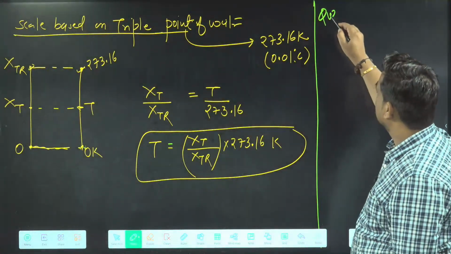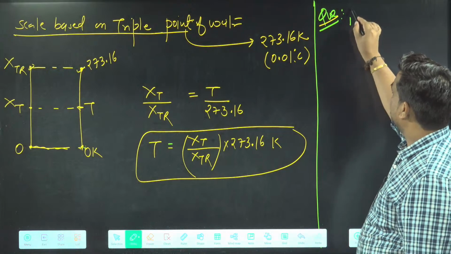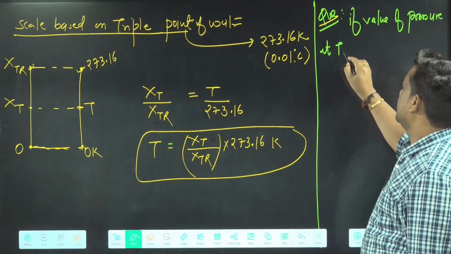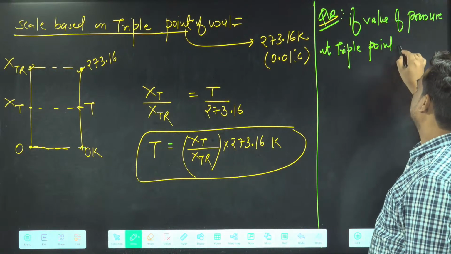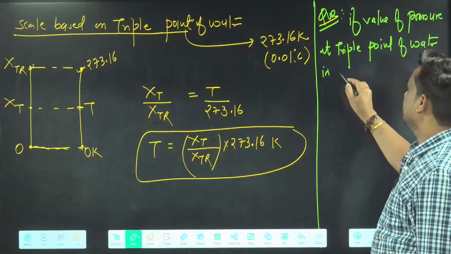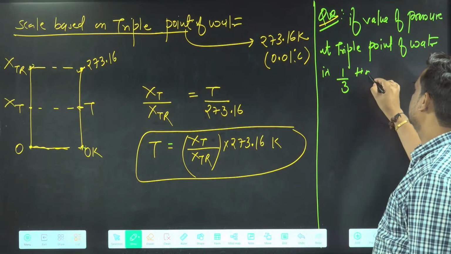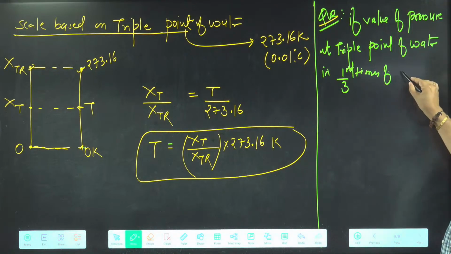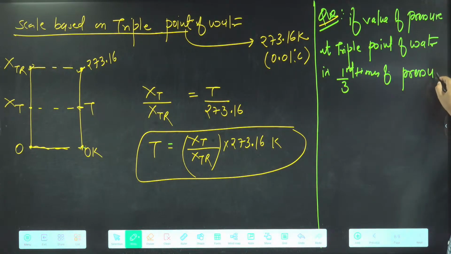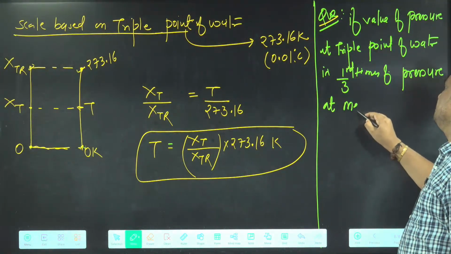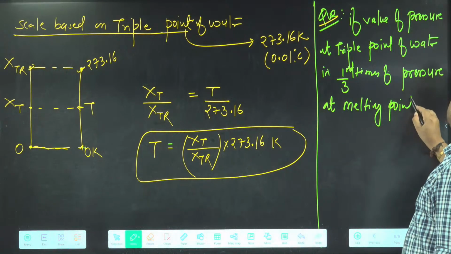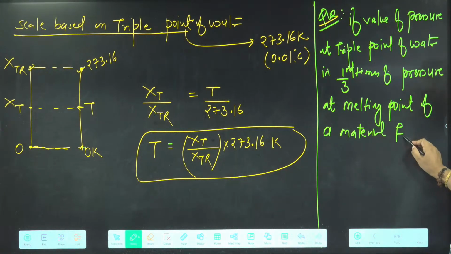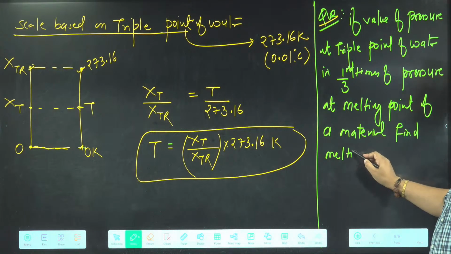Like if I give you one question: if the value of pressure at the triple point of water is 1/3 times the pressure at the melting point of a material, find the melting point.